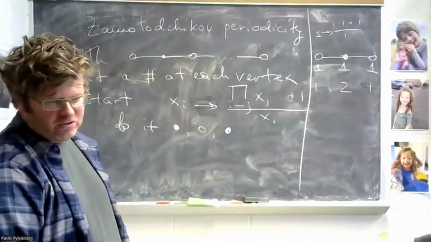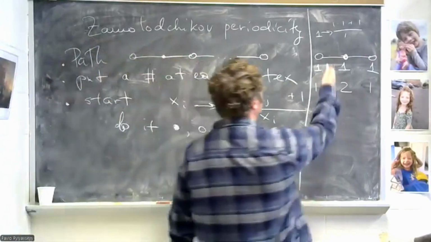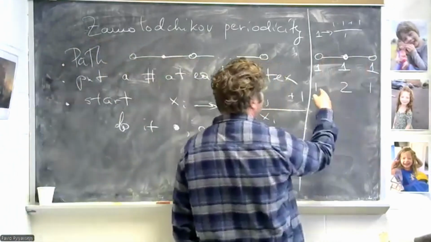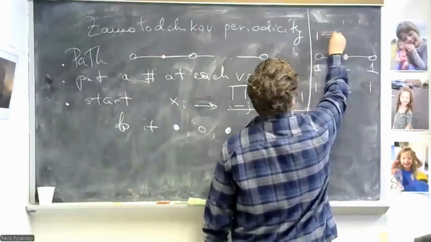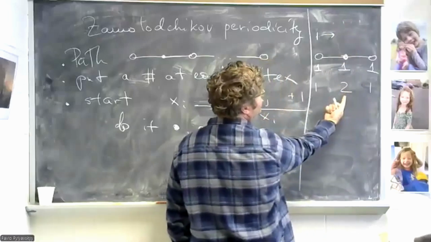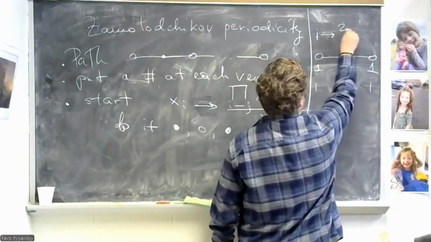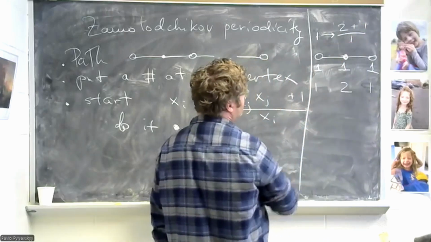Okay, so far so good? Now we need to do the same to the two white numbers. Each of those ones, what happens to them? 1 becomes, there's only one neighbor, 2, so it becomes 2 plus 1 divided by 1, 3.